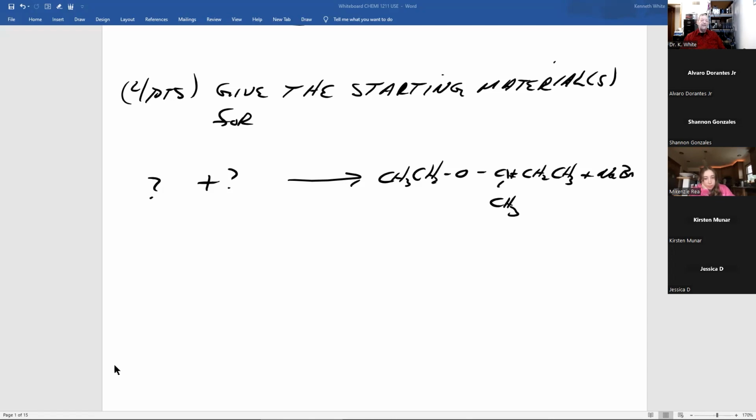In real life, at chemical companies, this is what organic chemists do in research and development. How do I make this chemical? Because we need it to sell, because people want that product or need it in other products.